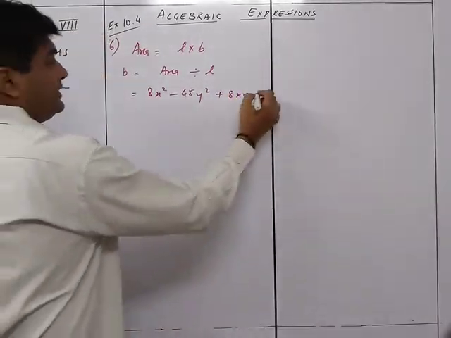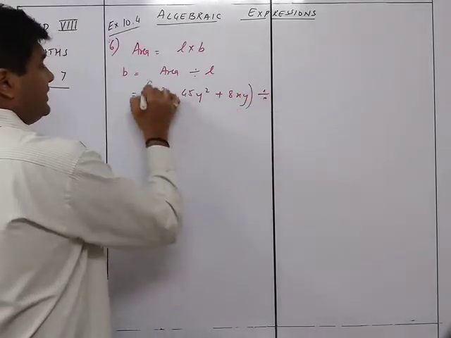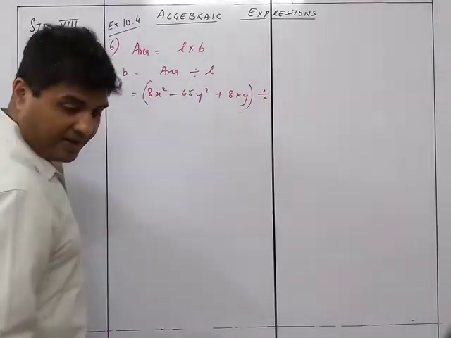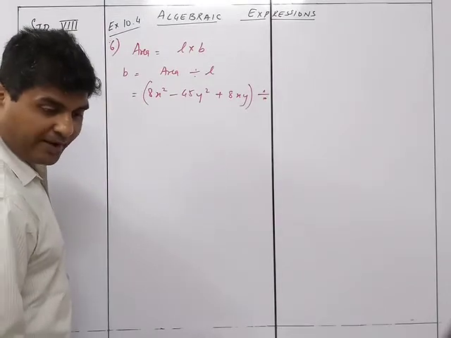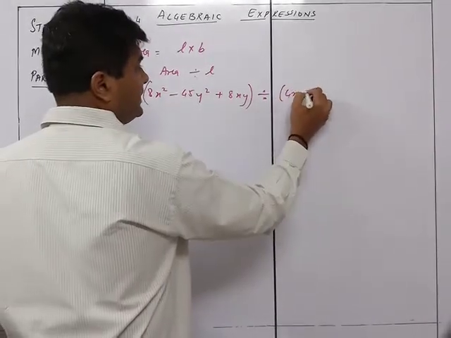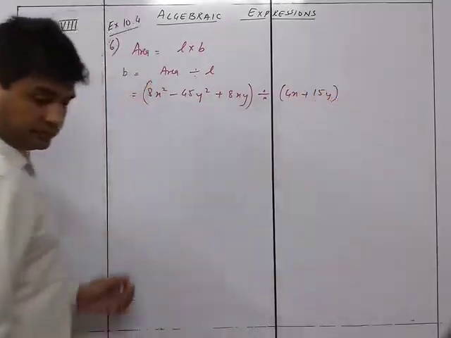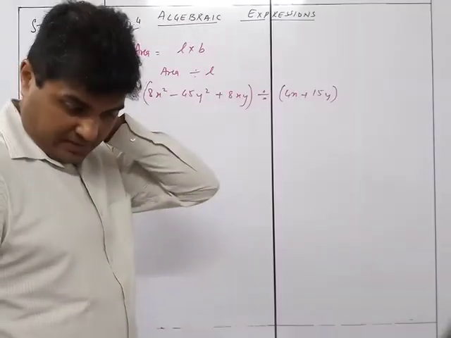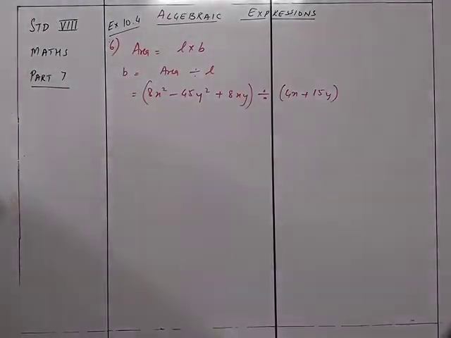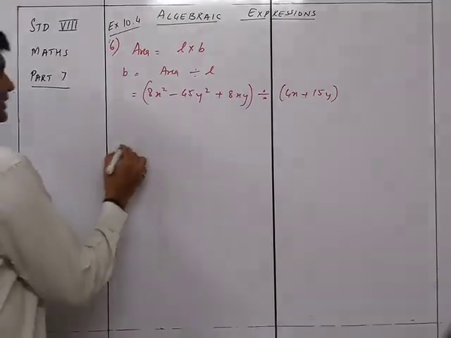This is the area, and the length we divide by is 4x plus 15y. So first of all, we just do division.